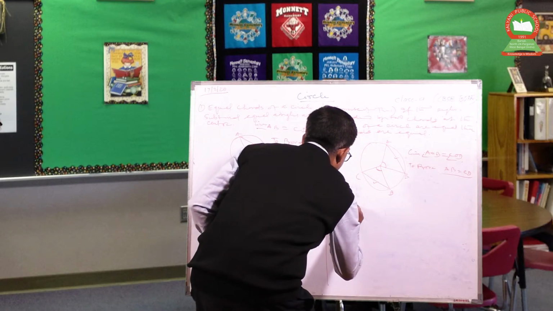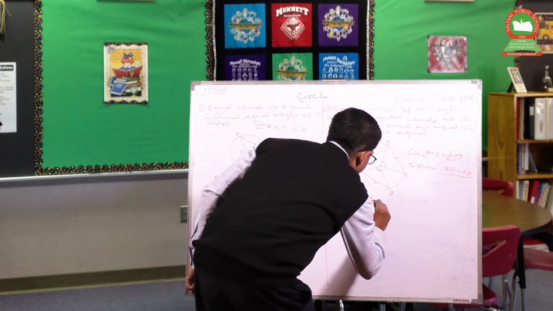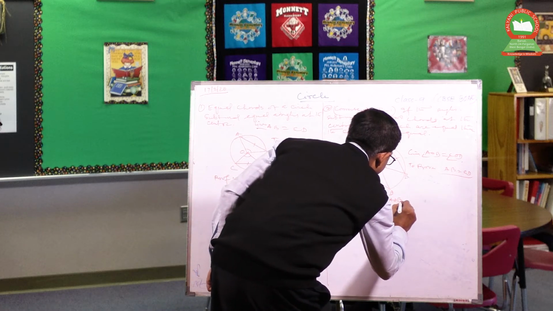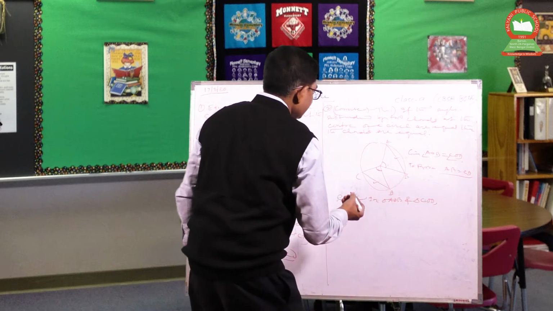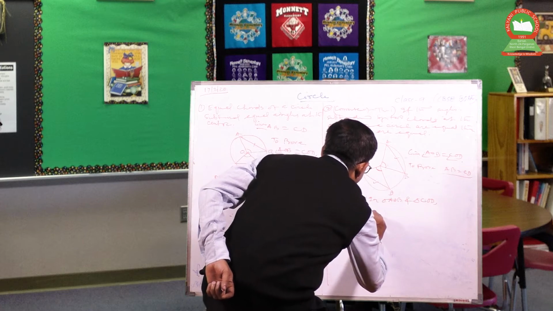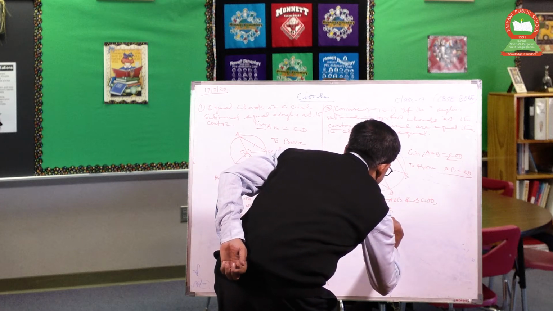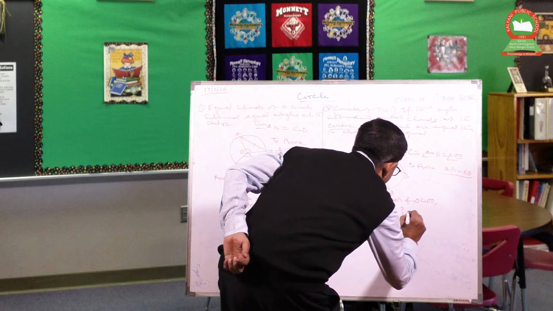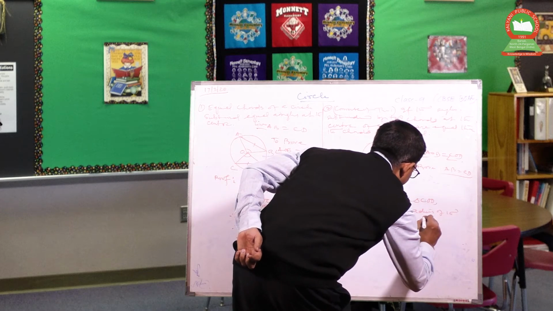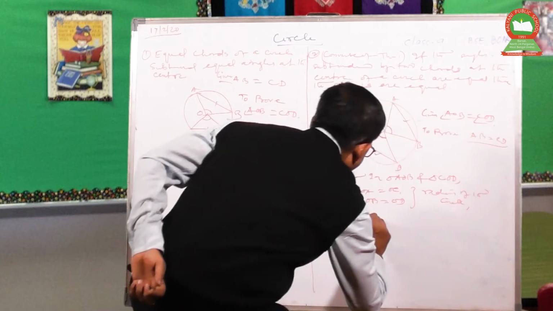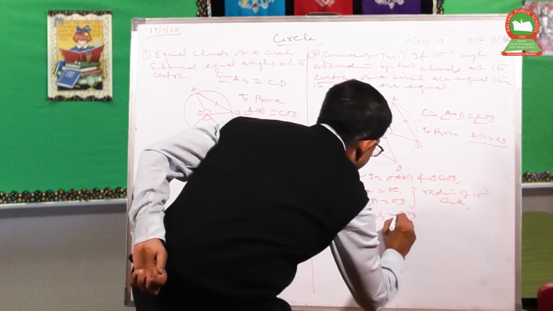Proof. In triangle AOB and triangle COD, we can say OA equal to OC, OB equal to OD, the radii of the circle, and angle AOB equal to angle COD.